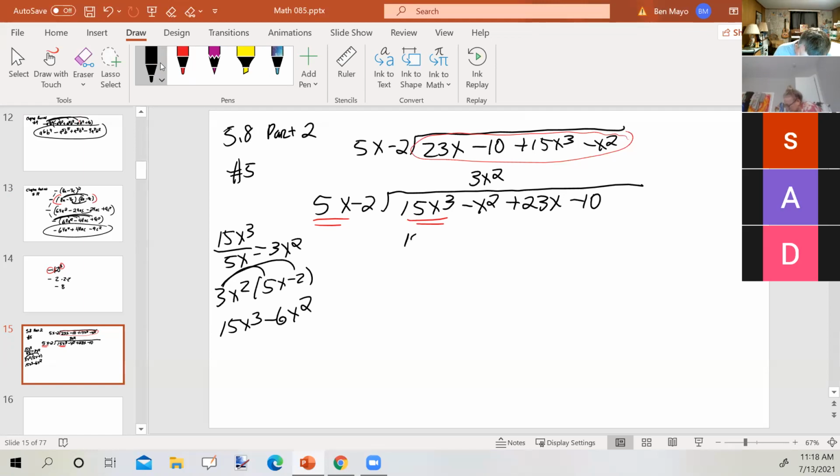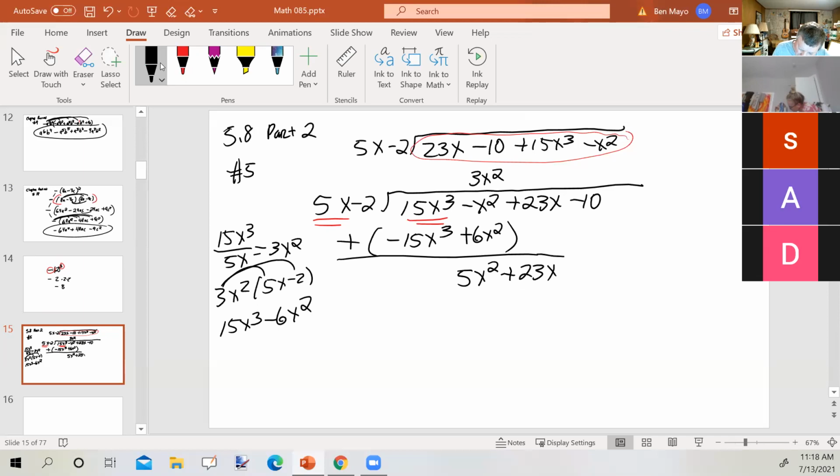We're going to take that quantity and write it up here. Then we're going to subtract that quantity from what's up above. We'll change it to addition of the opposite by distributing. 15x cubed plus negative 15x cubed is 0. Negative x squared plus positive 6x squared is 5x squared. Bring down the next term, the 23x.